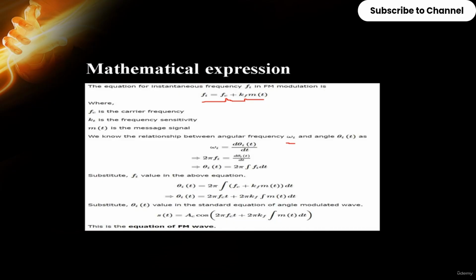Further, if we substitute the value of w(t) = 2 pi f_i(t), it is written like this. Finally, we get the equation of the angle as 2 pi times the integration of f(t) dt. If we further do the simplifications, the value of s(t), that is, the signal value for a particular frequency, is given by this cosine formula.